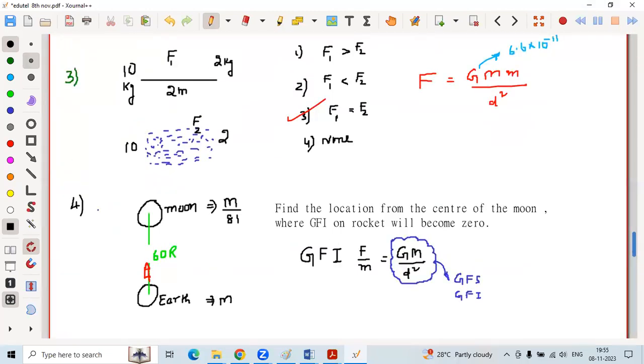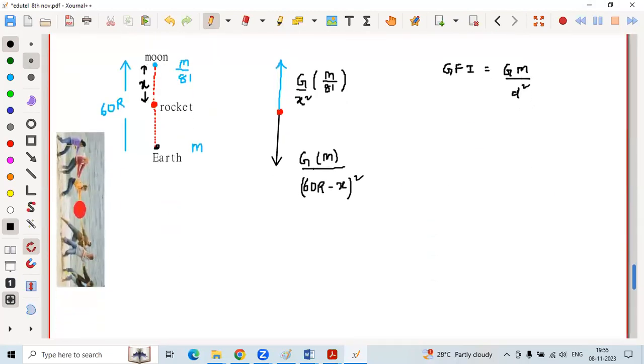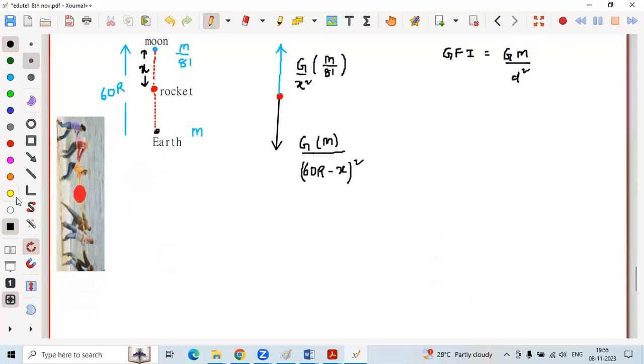Here, on the location, with what force the girls are pulling, with what force the Moon is pulling, that is G by x square into m by 81, because field intensity is nothing but the force acting on the test mass. With what force the boys are pulling, with what force Earth is pulling the rocket, that is Gm by (60r minus x) whole square.